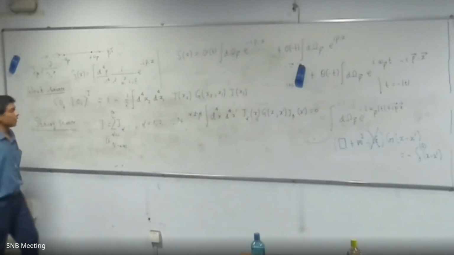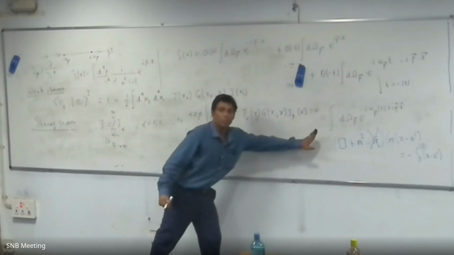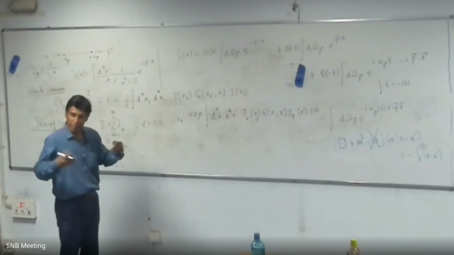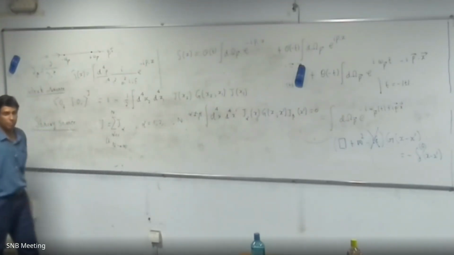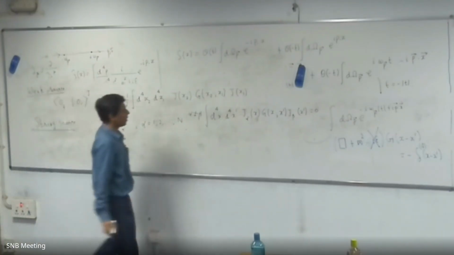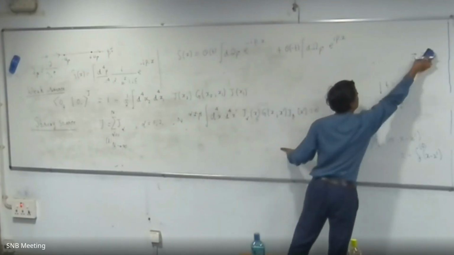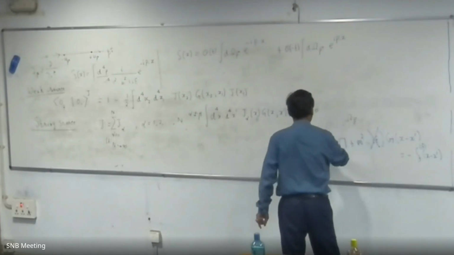They are uncorrelated. If alpha is equal to beta, it is the same source, so it will be non-zero. But if it is unequal, then it is 0. So this is what I mean by uncorrelated sources.